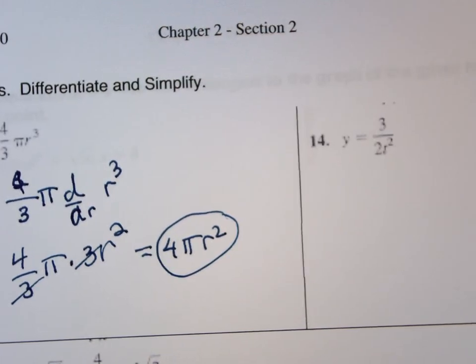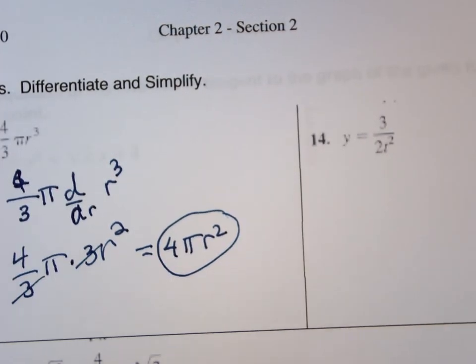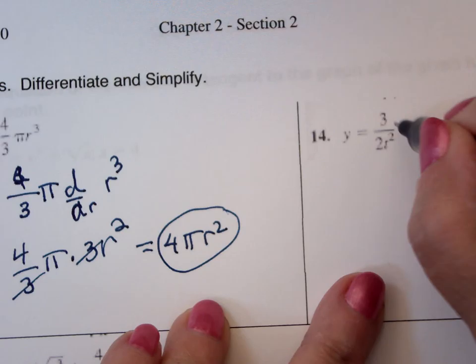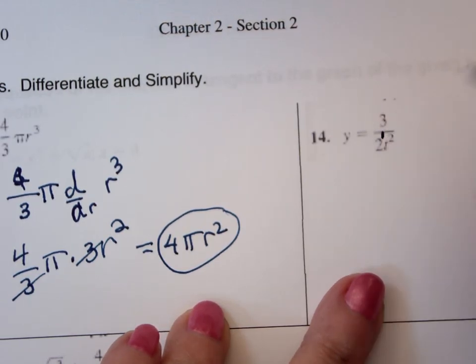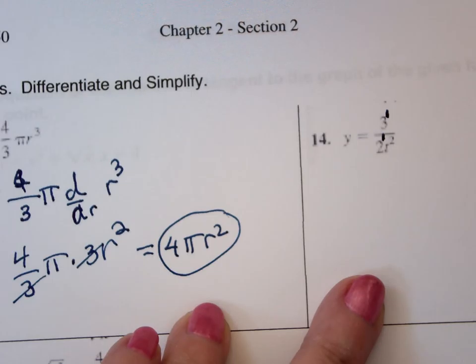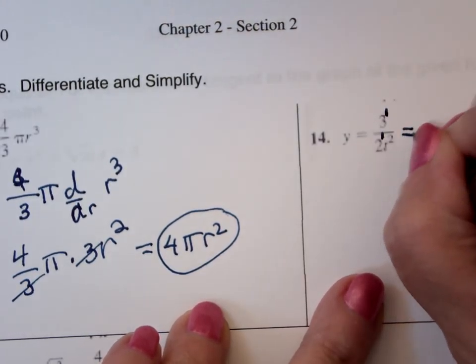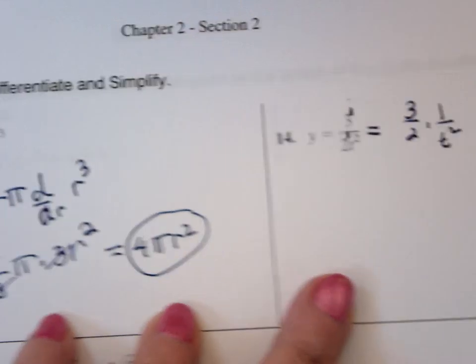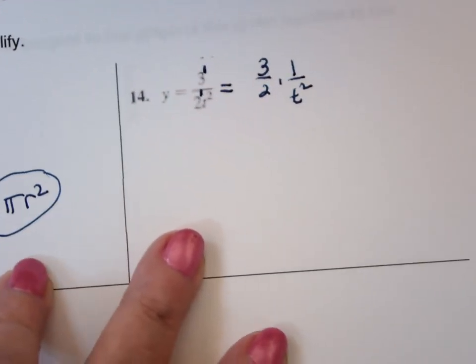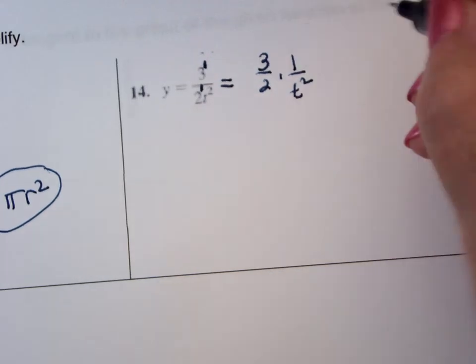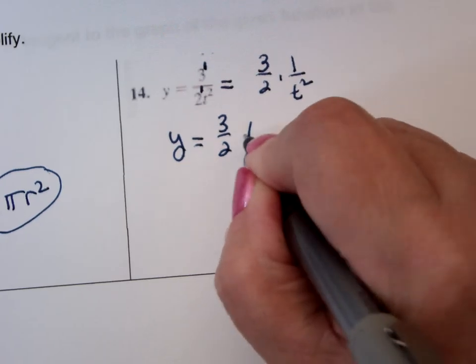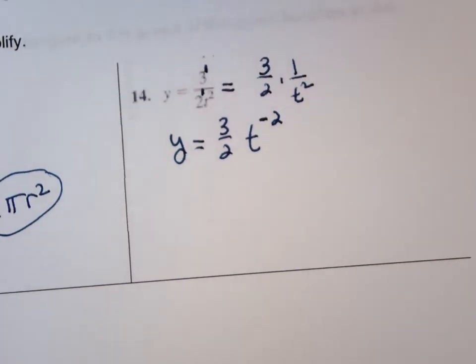Now, I choose problems for reasons, and because I know that somewhere along the line you might get screwed up on them. If you notice that the exponent on 2 is 1, the exponent on 3 is 1, this is really the same thing as saying 3/2 times 1 over t squared, or I can rewrite this as y is equal to 3/2 t to the negative 2 power.